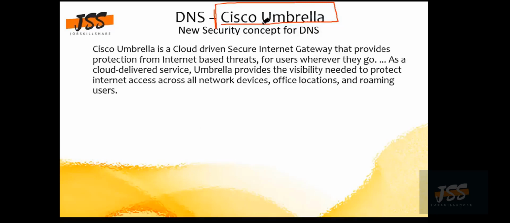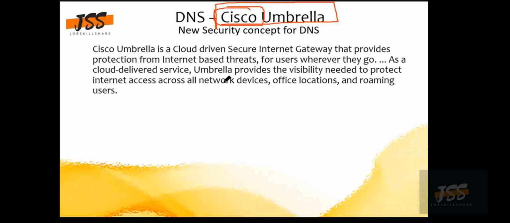This is called Cisco Umbrella, and this is the first concept from Cisco itself. First of all, what is the definition? Cisco Umbrella is a cloud-driven secure internet gateway that provides protection from internet-based threats for users wherever they go.